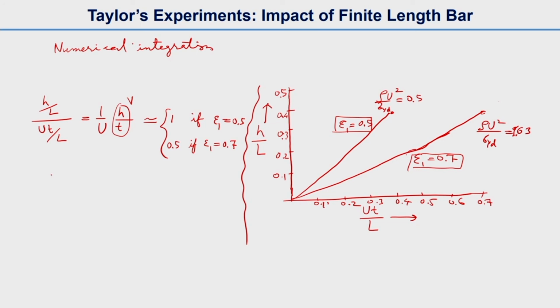So that means your v by u is equal to 1, where u is the impact velocity and v is the plastic wave propagation velocity.